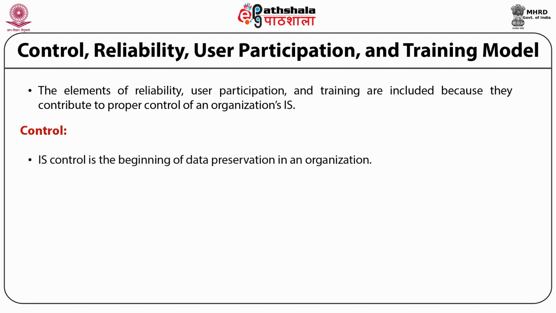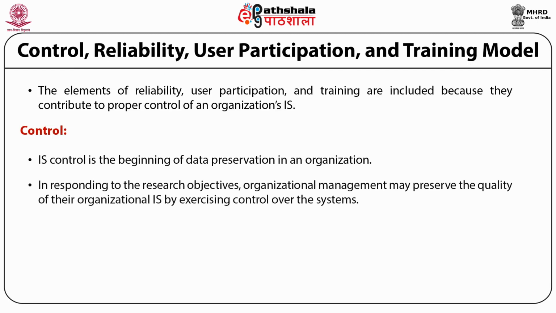This is the beginning of data preservation in an organization. In response to the research objectives, organizational management may preserve the quality of their organizational information system by exercising control over the system.